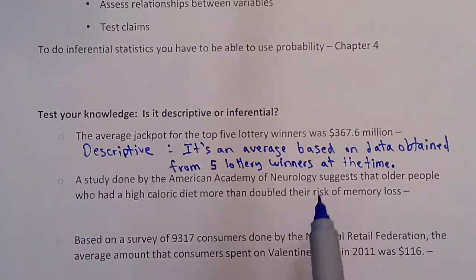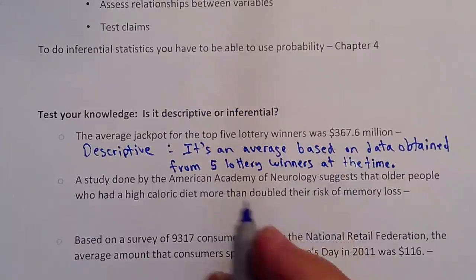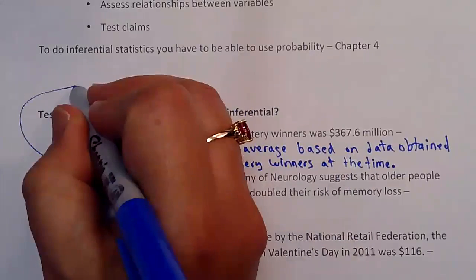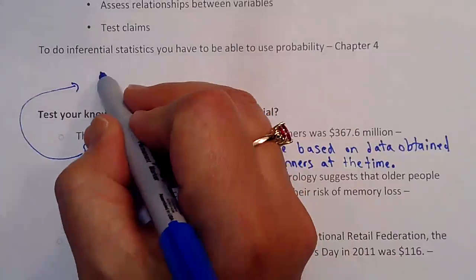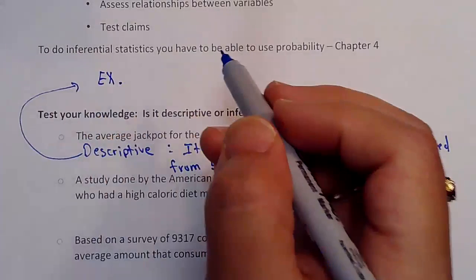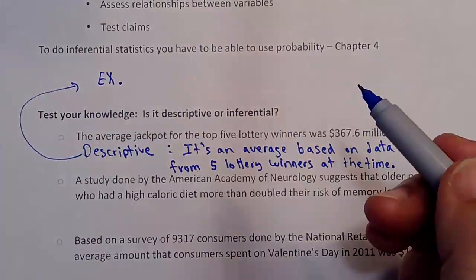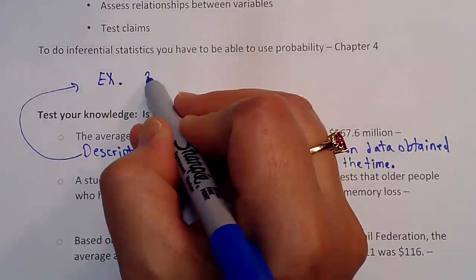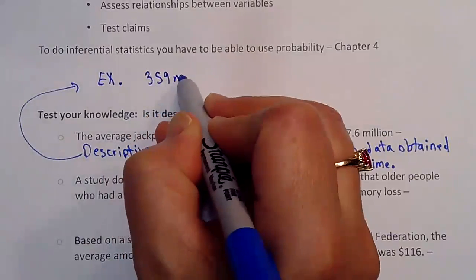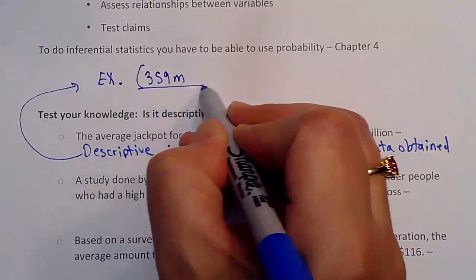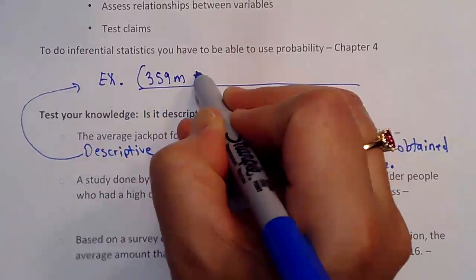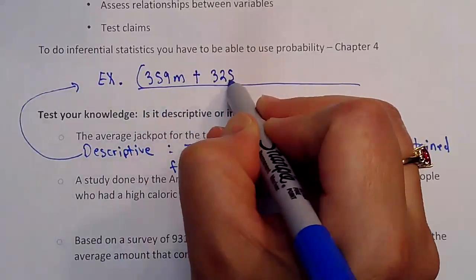If we were to come up with this value, let's just suppose an example of that. Let's just suppose that the 5 top lottery winners, let's say that somebody won $359 million, and let's say that somebody won $325 million.